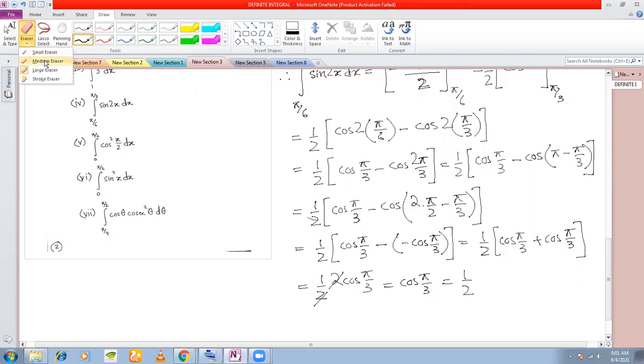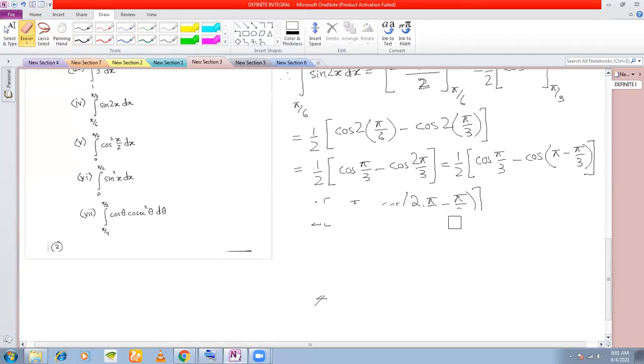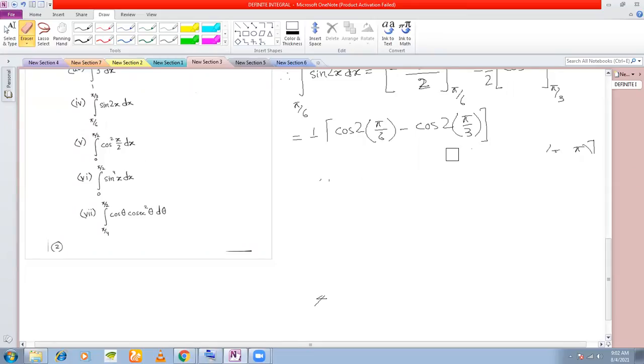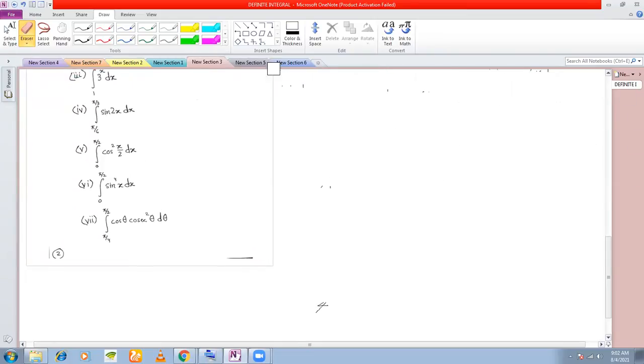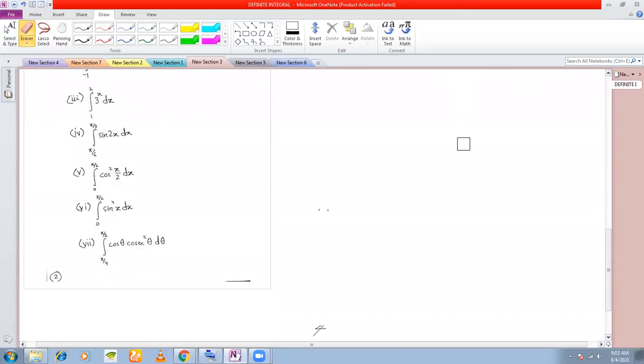Okay. Number 5. Integral 0 to pi by 2 cos square x by 2. First evaluate it as an indefinite integral.